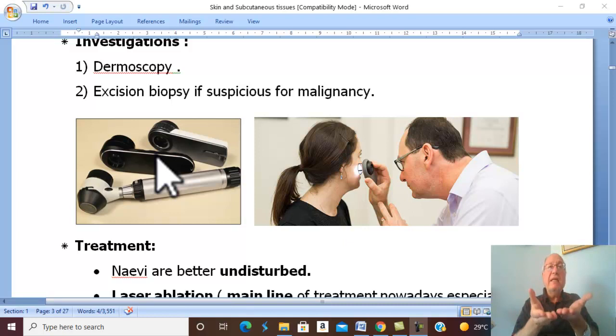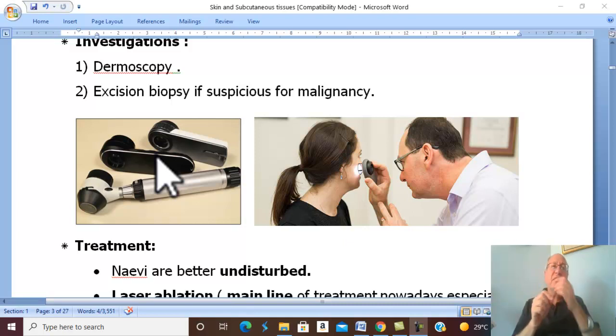But removing a nevus in the face leaves a scar, especially in females, and this is not accepted. Therefore, laser ablation is available, but slightly expensive. In the face, cosmetically, laser ablation is the best. In any area of the body, for economic reasons, we can remove the nevus surgically.